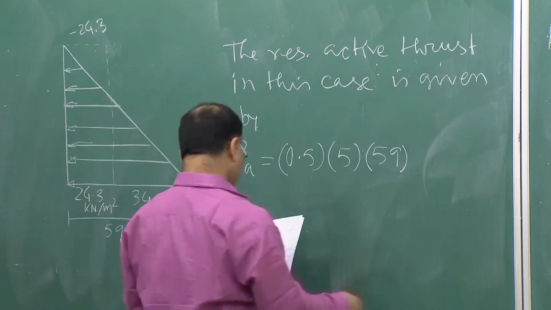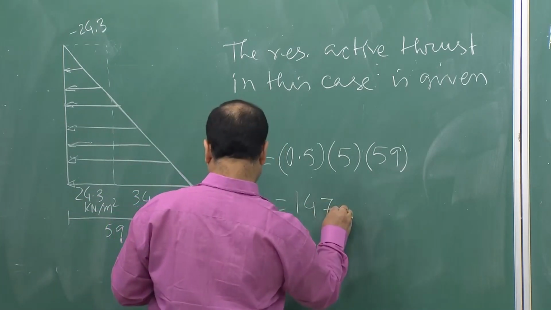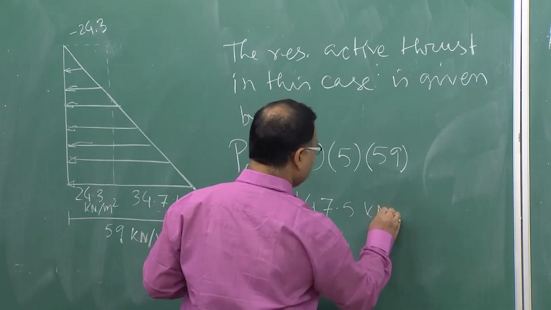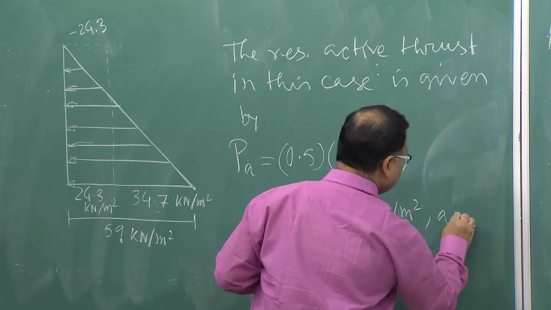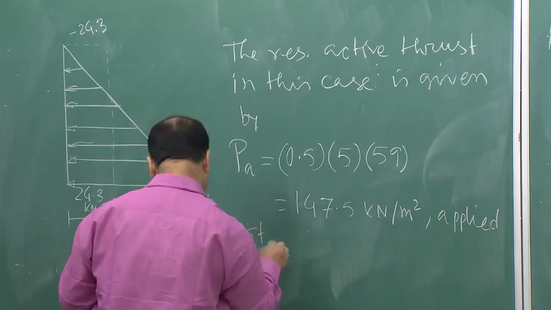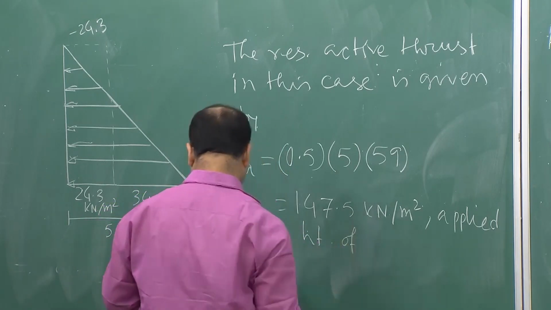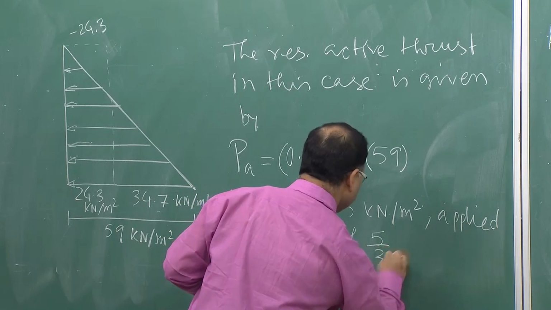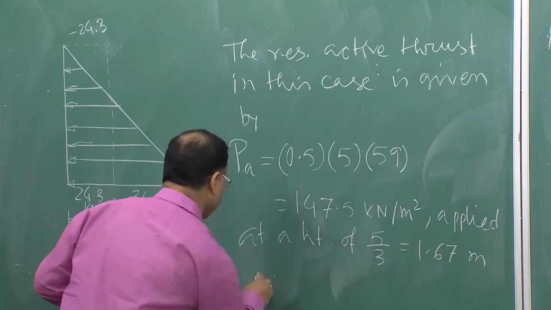Okay. So, that gives me 147.5 kilonewton per meter applied at a height of 5/3, that is nothing but 1.67 meter above the base.